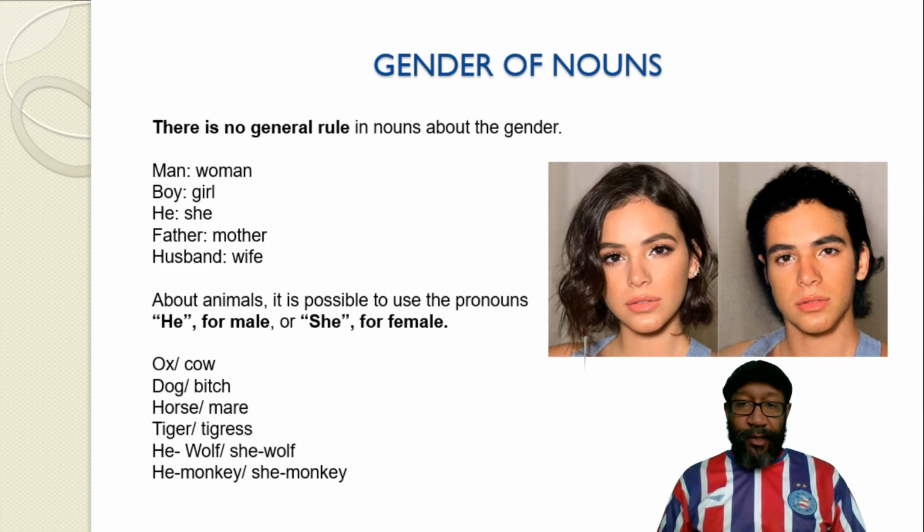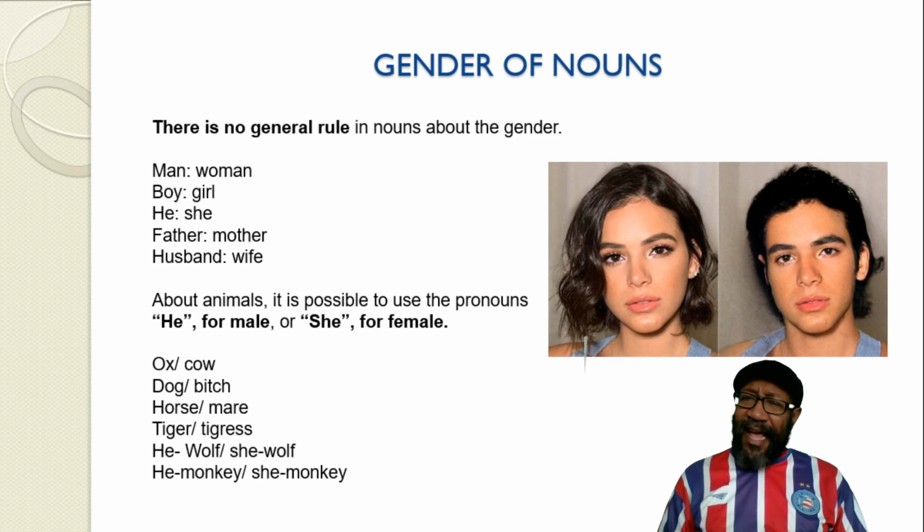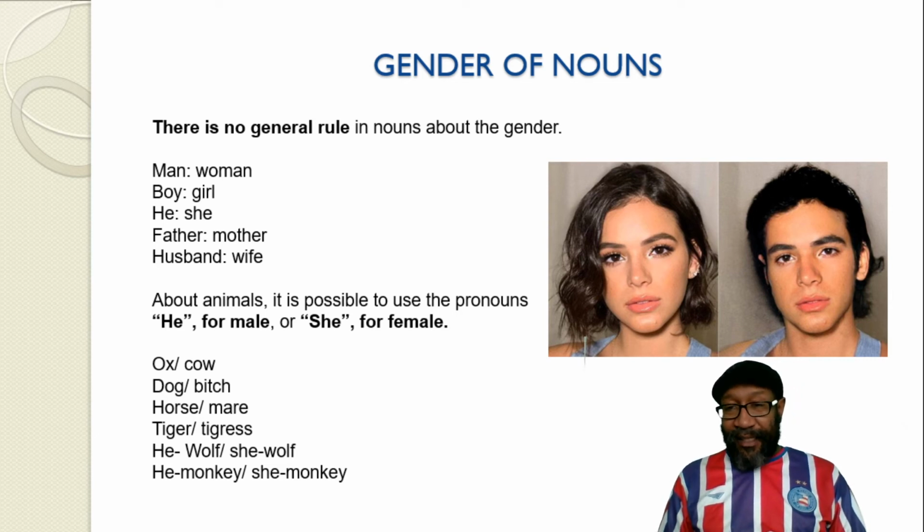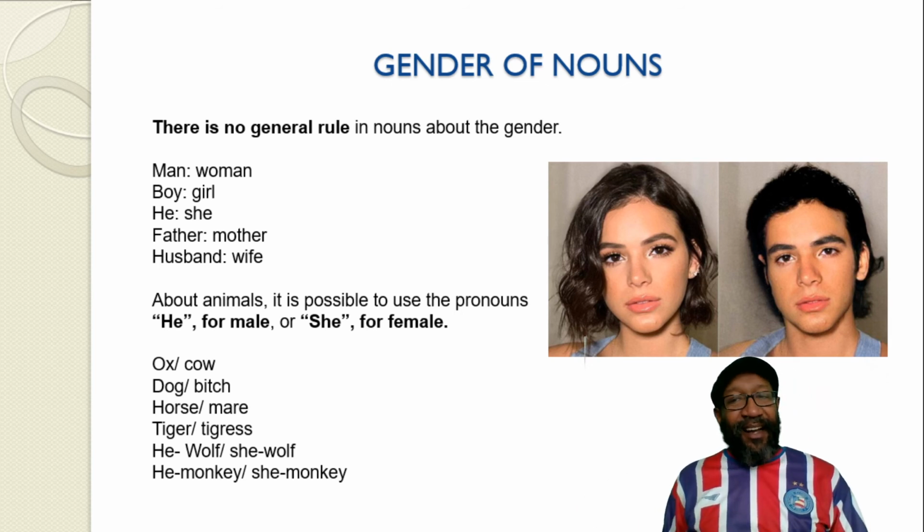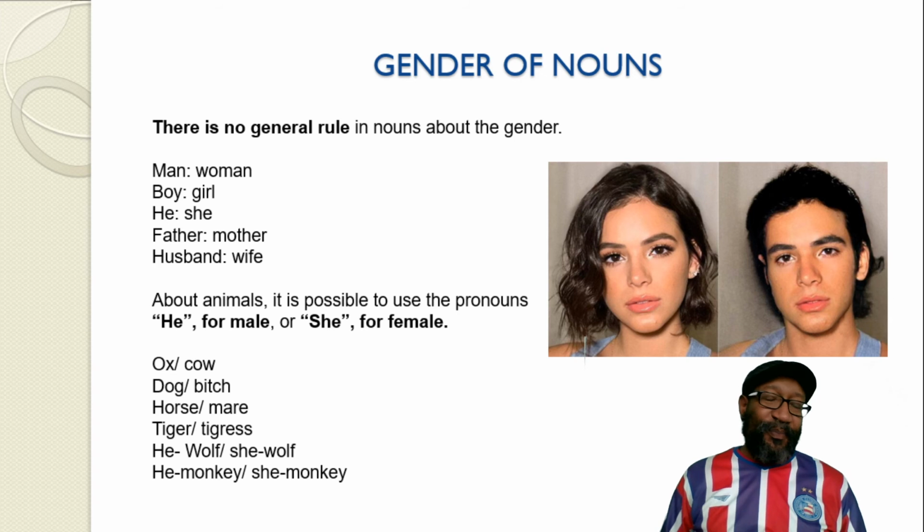Here we have a picture of a face app where people change their gender. And you see Bruna Marquezine in her male version, as if she were a man, right? Interesting, but pay attention because people will get information from you if you use this app. It's fun, but it's dangerous too.